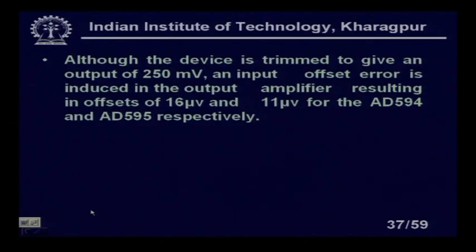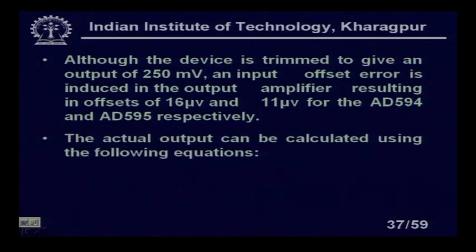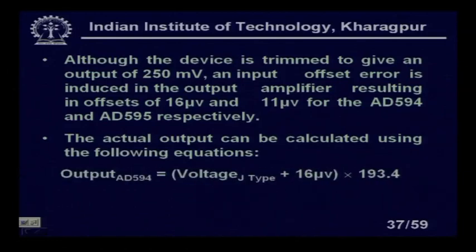Although the device is trimmed to give an output of 250 millivolt, an input offset error is induced in the amplifier, resulting in offset of 16 microvolt and 11 microvolt for the AD594 and AD595 respectively. The actual output can be calculated using the following equations. Output of AD594 is (voltage of J type plus 16 microvolt) multiplied by 193.4.